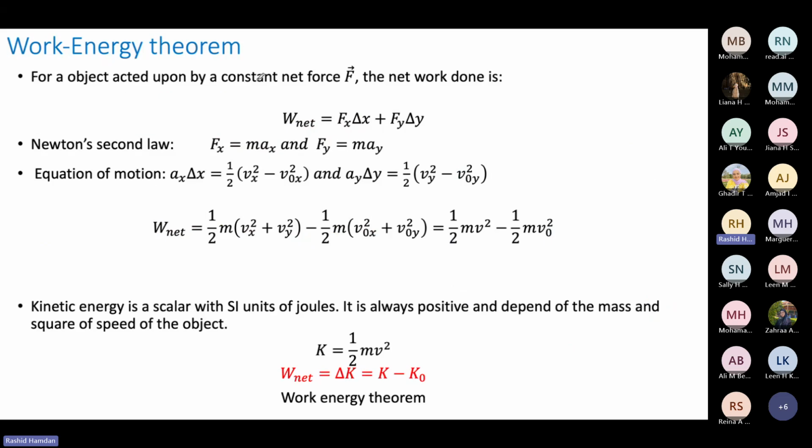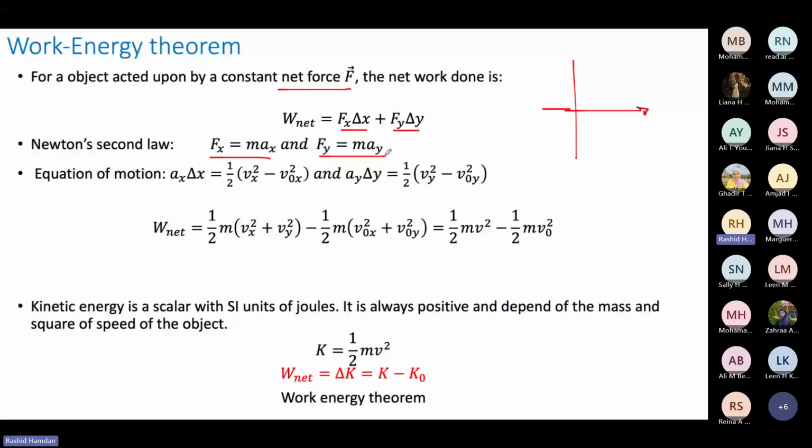So I'm going to take an object that has a net force on it, F. I choose the x-axis, the y-axis, whatever axes I need. I can say that the net work is equal to Fx delta x plus Fy delta y. But Newton told us that F equals ma. So Fx is equal to max and Fy equal to may.